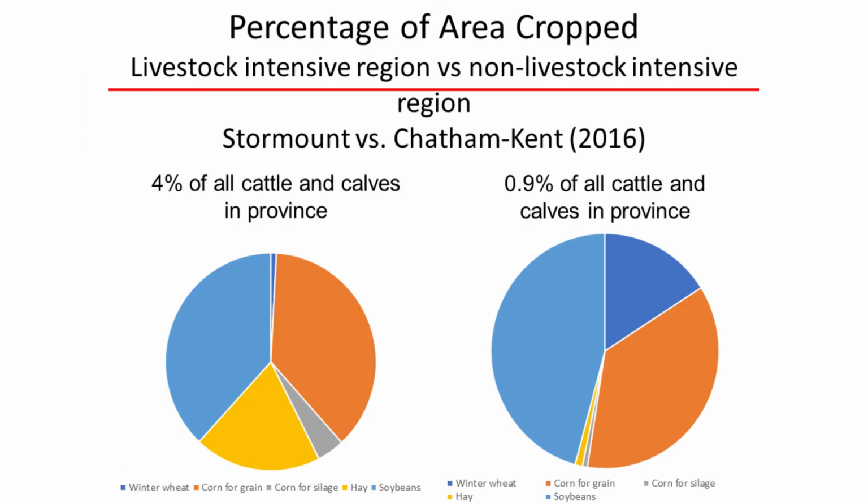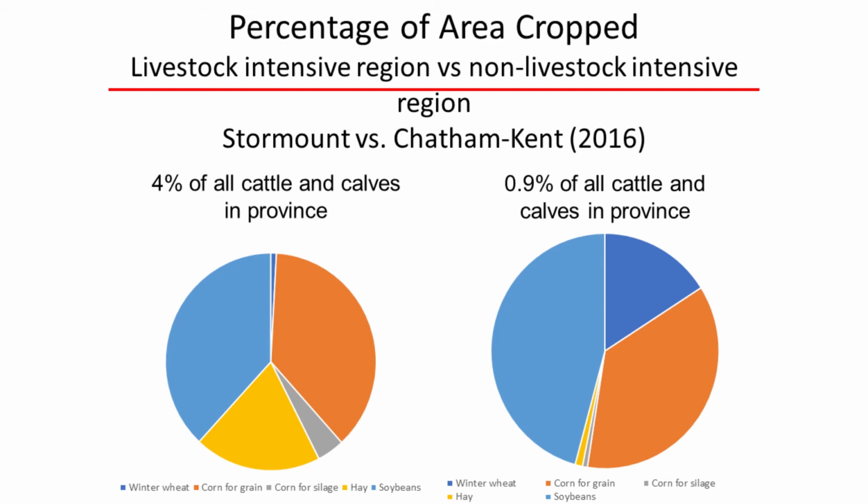So the amount of livestock production in an agricultural region is going to have important consequences for the types of cropping systems that predominate in that area. And this is some real world data to illustrate what I'm talking about. This is data from the most recent census of agriculture, and these are two counties in Ontario: Stormont, Dundas, and Glengarry in eastern Ontario, and Chatham-Kent in southwestern Ontario.